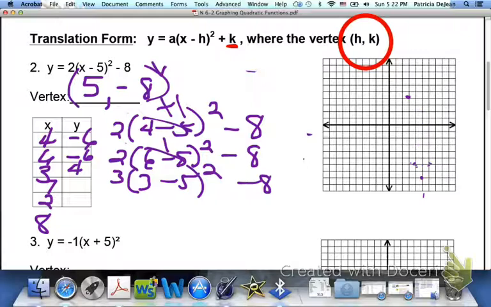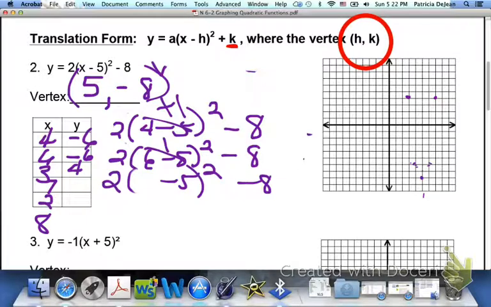Okay. And we would expect then, if this is symmetric, that when we go to 7, we'd also be at the same height. So let's double check and see that we are. Okay. So at 7, we're going to put a 7 in here instead of a 3. Actually, that should have been a 2.